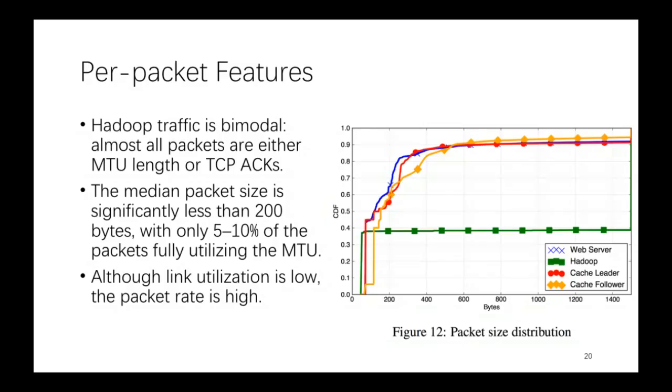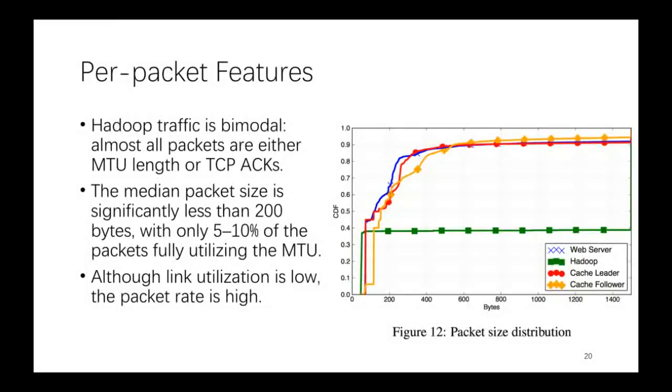Now, let us try to understand the per packet features. As we could see, the Hadoop traffic is bimodal and almost all packets are either the MTU length or they are TCP-ACKs. Packets for other types of services have a much wider distribution than the Hadoop servers, and the median packet size for all of them is significantly less than 200 bytes, with only 5% or 10% of those packets fully utilized.